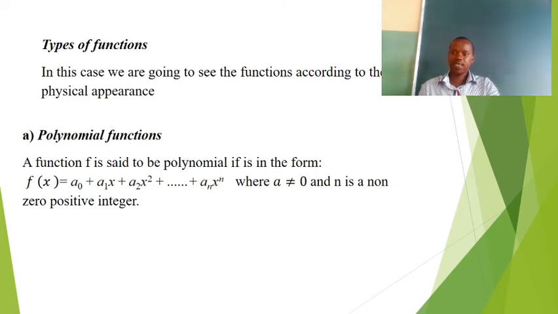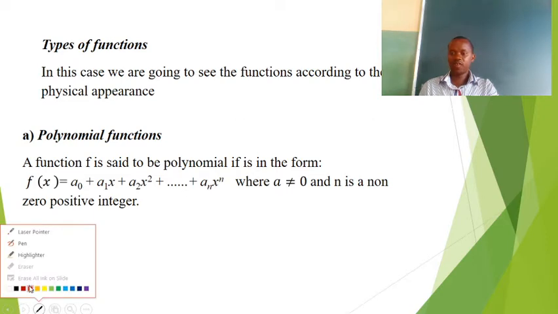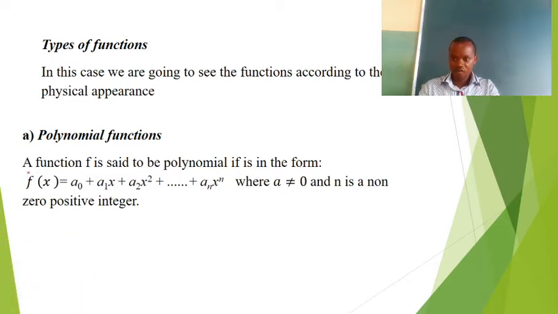In this case, the polynomial function is a function of the form f of x equals a0 plus a1 x plus a2 x squared plus and so on plus a index n x power n. The function which is written in this form will be a polynomial function.